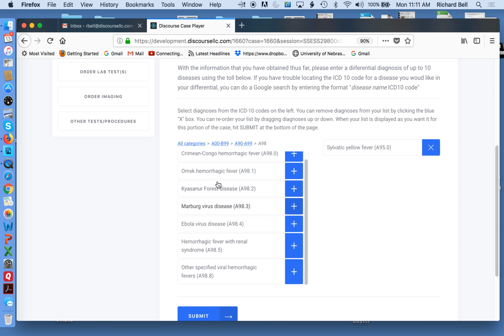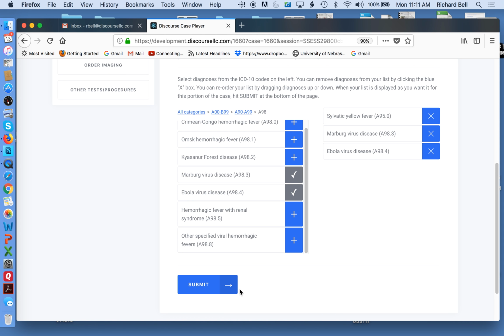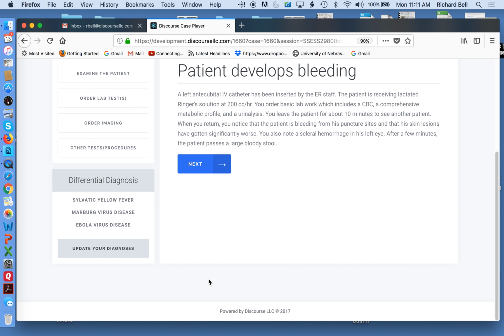So here's Marburg and Ebola. If they submit those, then their differential appears over here so they can remember it.